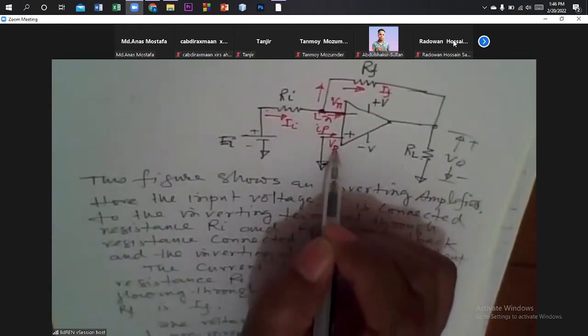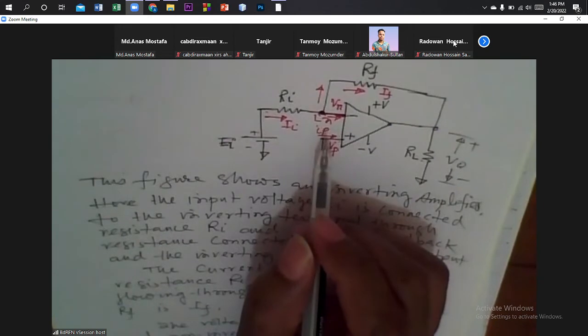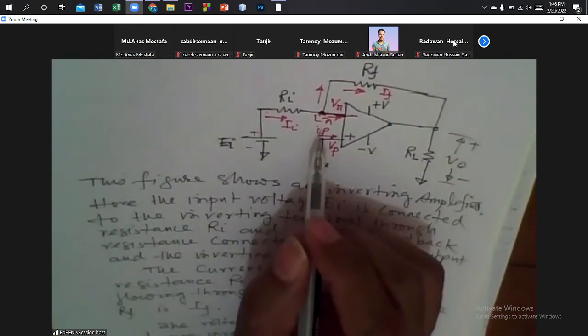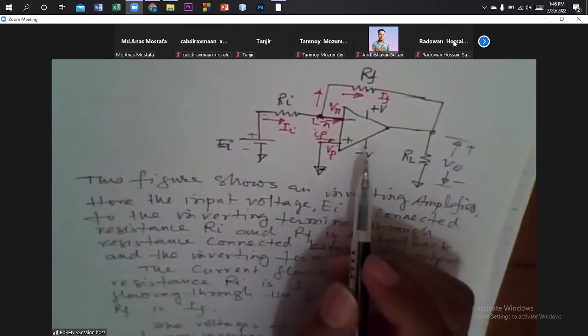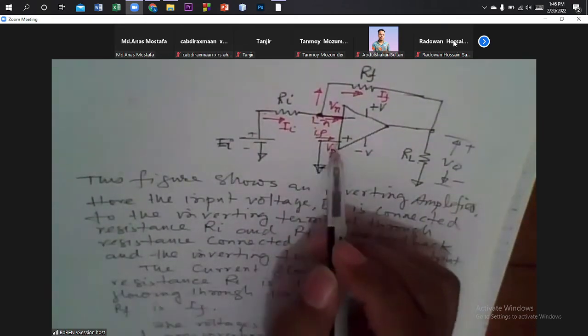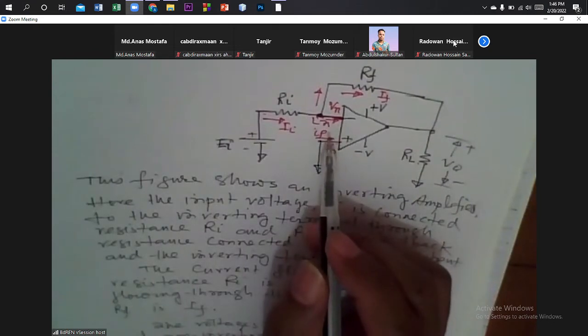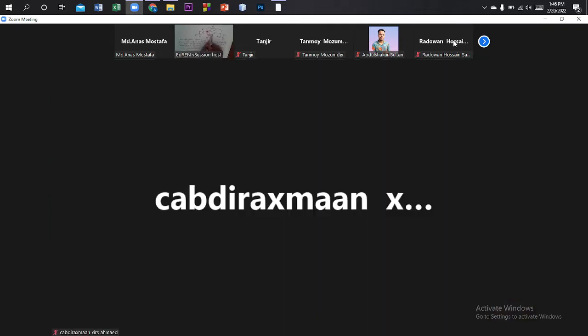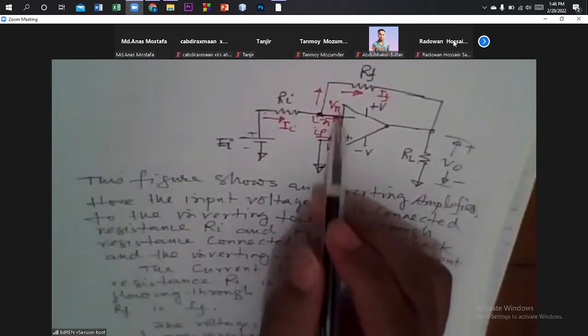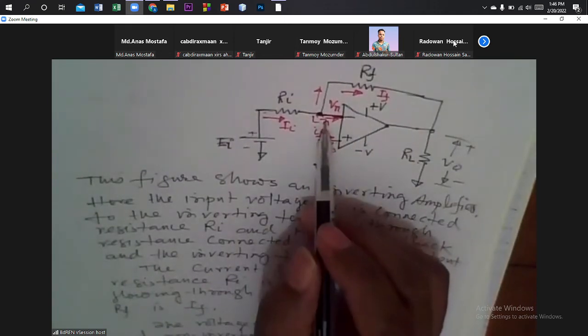And VN and VP, you see in your notebook. IN and IP are 0, and VN and VP will be equal. For current it will be 0.